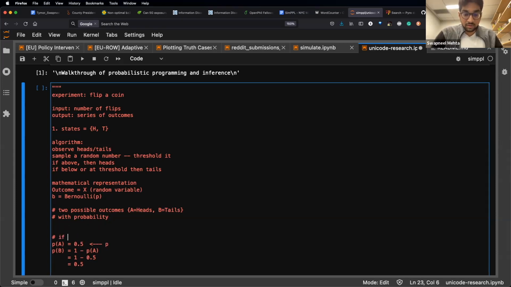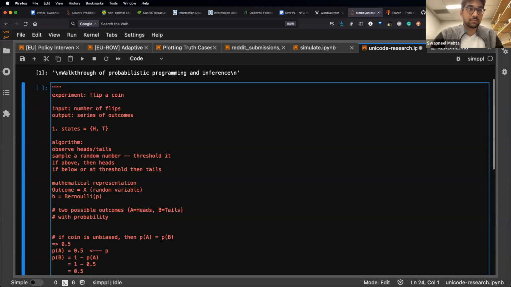If the coin is unbiased, then P of A is equal to P of B. And using this equation, we get that both of them are equal to 0.5 because their sum is equal to 1. So each of them must be half of 1.